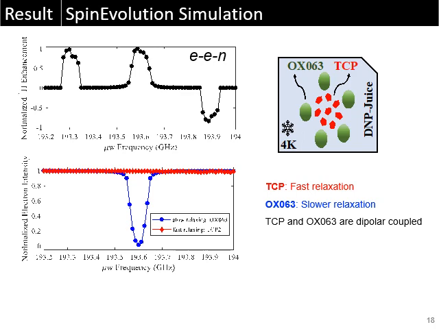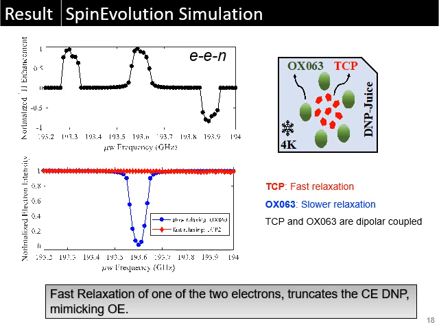We observed an enhancement at the trital center frequency and two enhancements for the solid effect. So from here we conclude that fast relaxation of one of the two electrons truncates the cross effect DNP, and it mimics the features of the Overhauser effect.